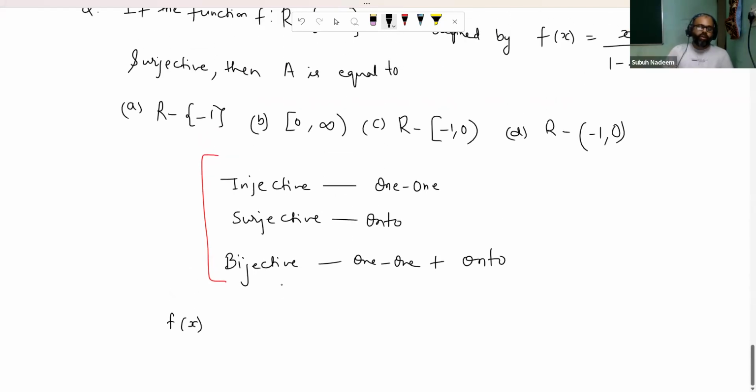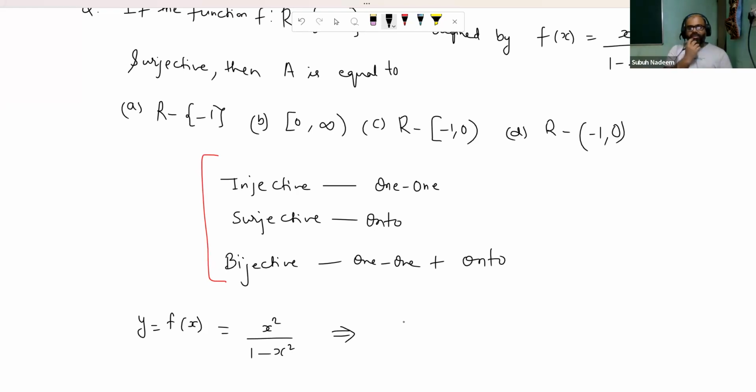No, if you have to find the range, you start from here: y is equal to x square by 1 minus x square. Not x, x we will see later.